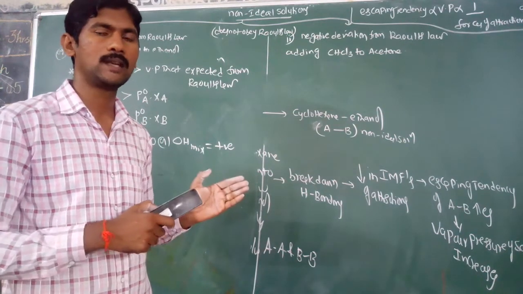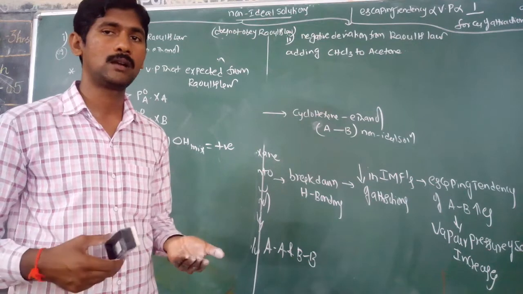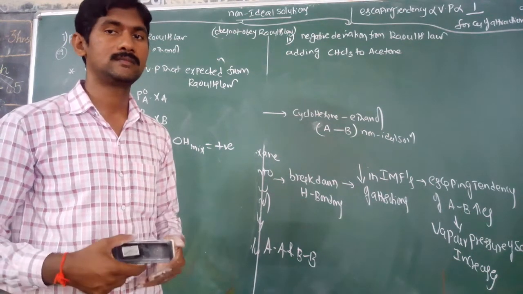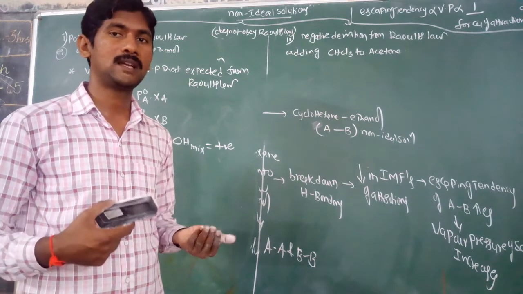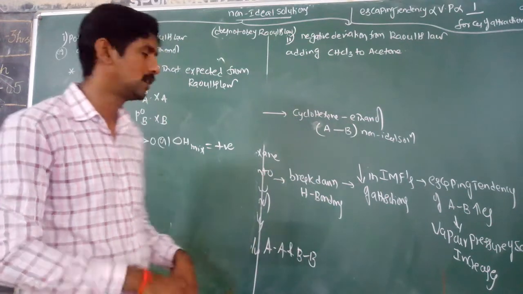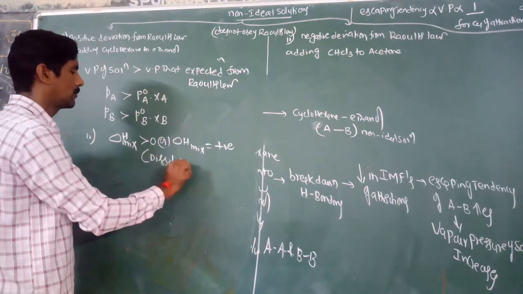After adding cyclohexane to ethanol, there is breakdown of hydrogen bonding. For breakdown of any bond, it requires energy. So energy is absorbed by the system for breakdown of hydrogen bonding. So this dissolution process is endothermic.